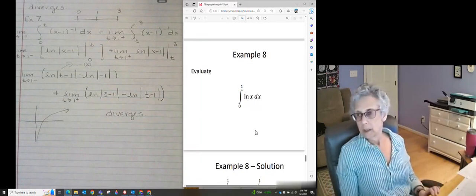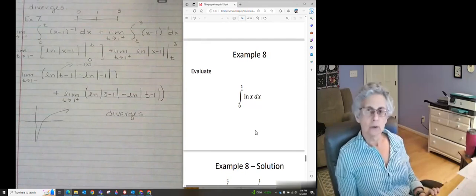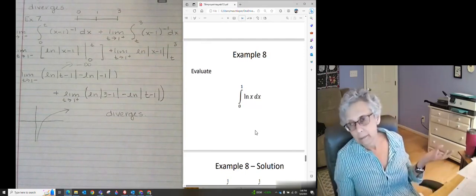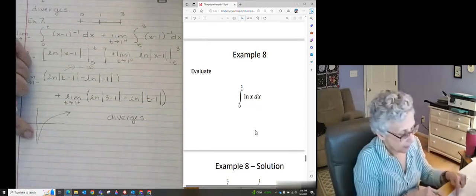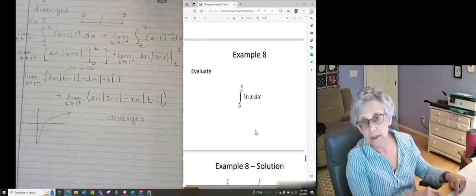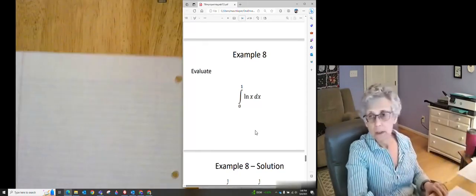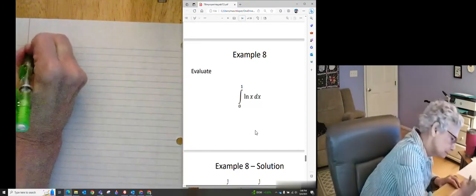Okay, example 8. Natural log from 0 to 1. What's wrong with this guy? Well, we just said as x approaches 0, natural log is going down to negative infinity. So we're going to have to write this one.